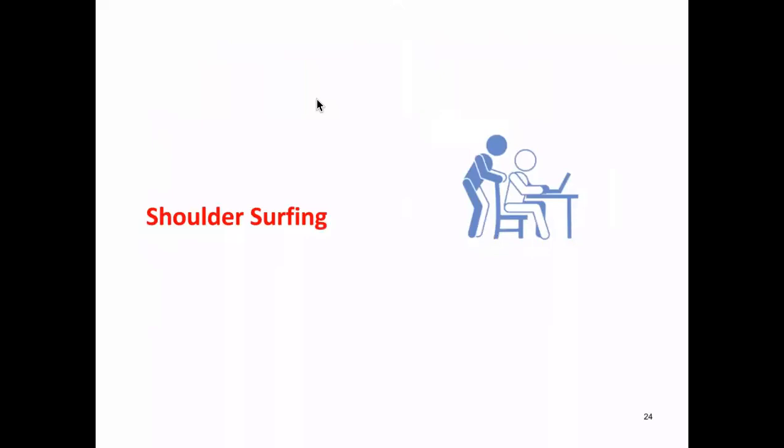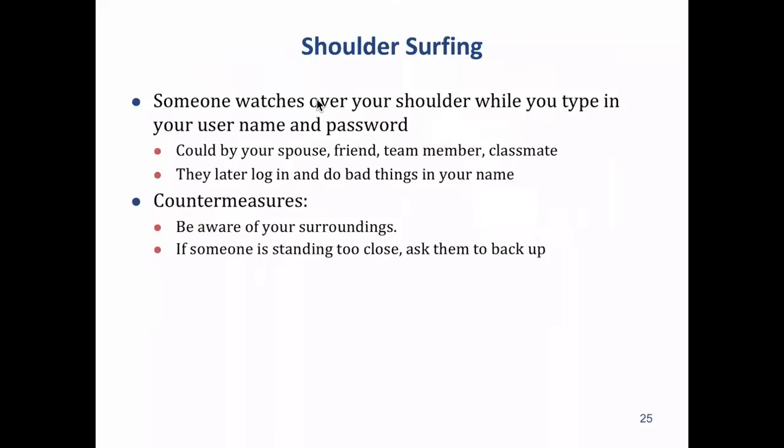Somebody can see it from the side angle as well, right? So many companies like IBM, where I work, gave a screen which can be put on top of the laptop screen, such that if somebody tries to see it from some angle, nothing is visible to the person. So the countermeasure for shoulder surfing is to be aware of who is around you, and if somebody is around you, don't log in, or ask the person to go away, or something like that. Okay.